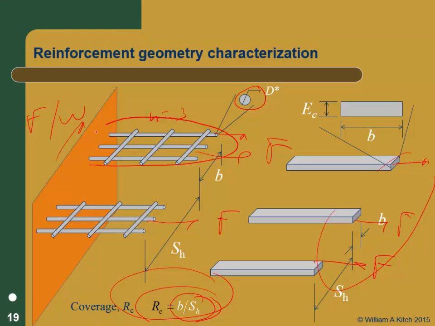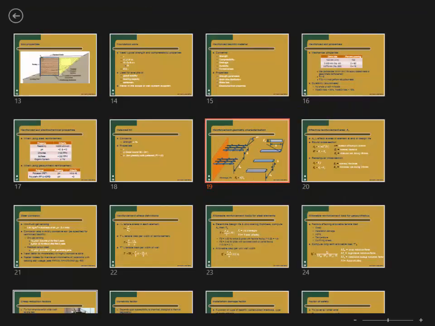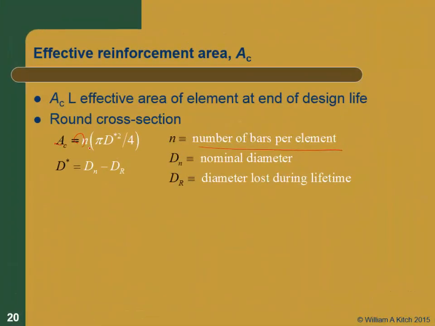This is a single element, and it has 3 bars in it. So it's the number of bars in the element, and this is just the area of each bar, except that we're not using the actual diameter of the bar, we're using D star. And what's D star? D star is the nominal diameter of the bar minus the diameter that we think we're going to lose over the life of the structure.